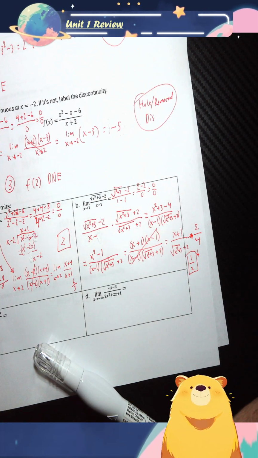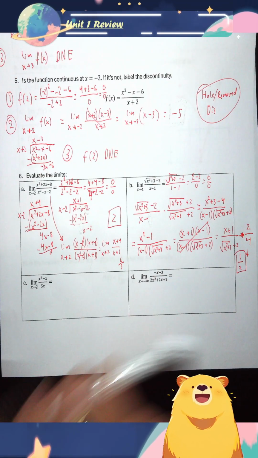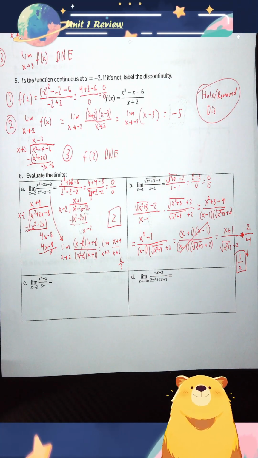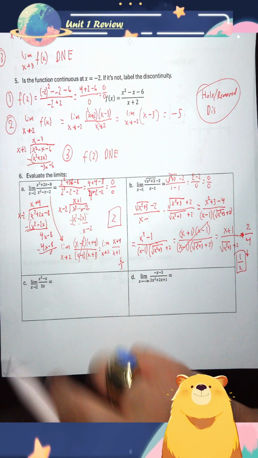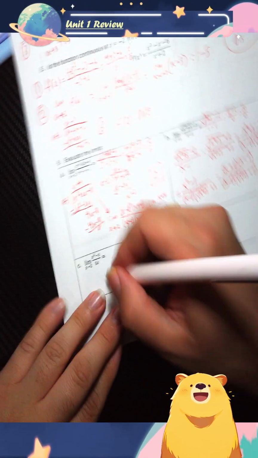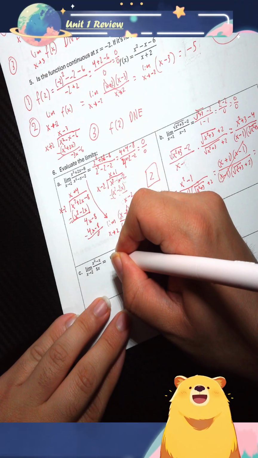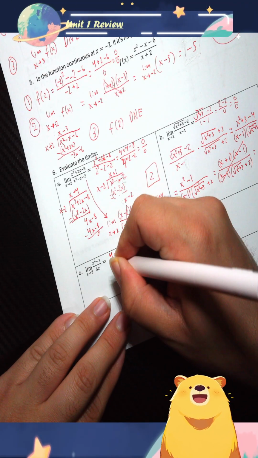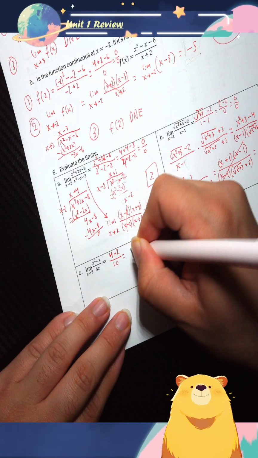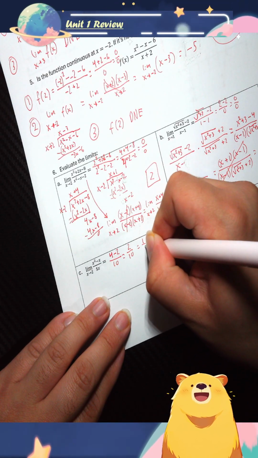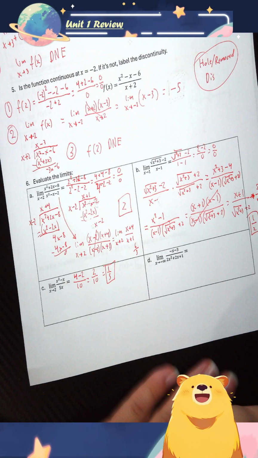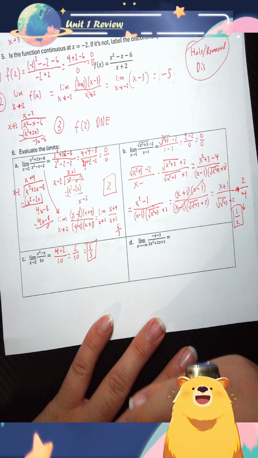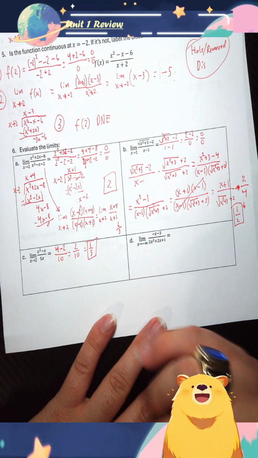Okay. All right. Let's do this one next. For this one, let's do our substitution trick here. First, we got 4 minus 2 over 10, 2 over 10, 1/5. Okay, that's the answer right away.